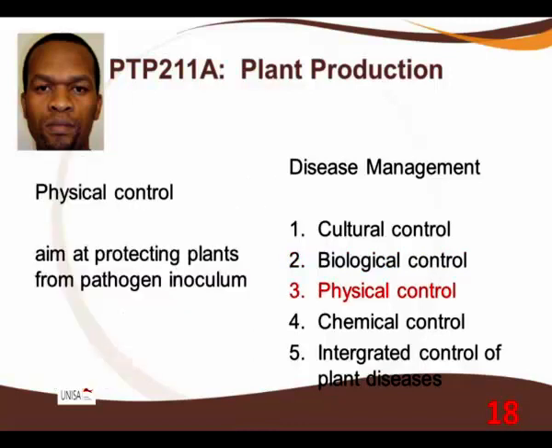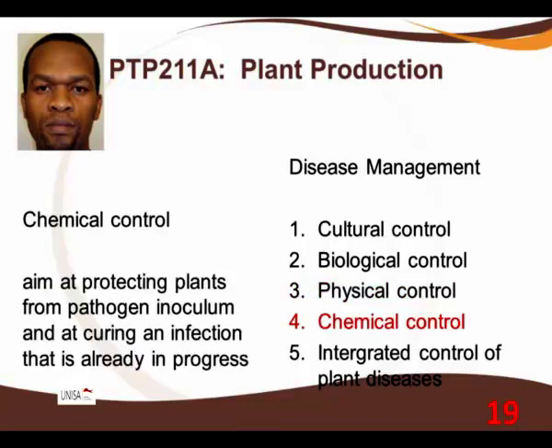Physical control aims at protecting plants from pathogen inoculum. This may be physical barriers like trees and furrows for diverting water from possible sources of contamination. Chemical control aims at protecting plants from pathogen inoculum and at curing an infection that is already in progress.